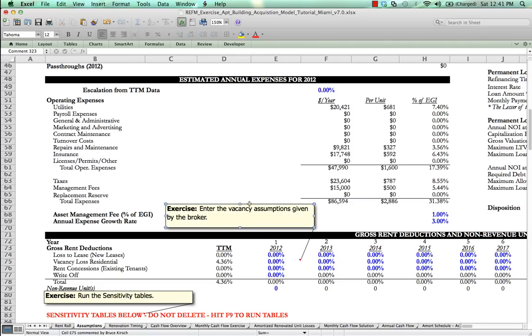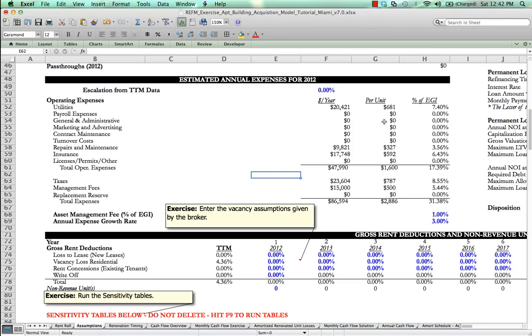Okay, and so what we're seeing here on this assumptions tab is that the composition includes both inputs, which are in blue, and outputs, which are in black. So this is essentially both an inputs tab and a reporting tab back to you as the operator of the model here.